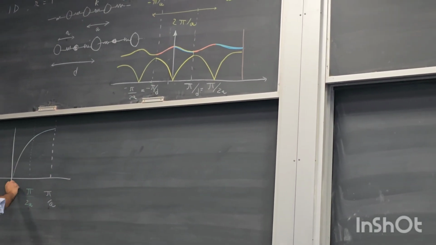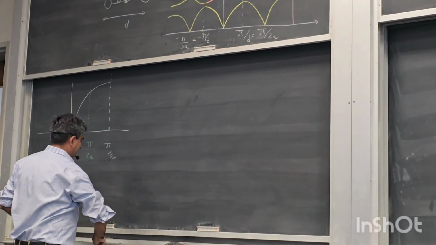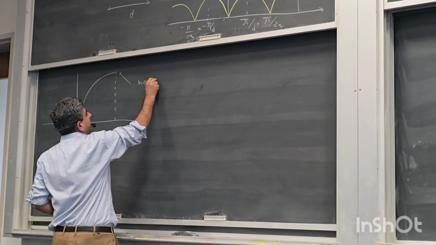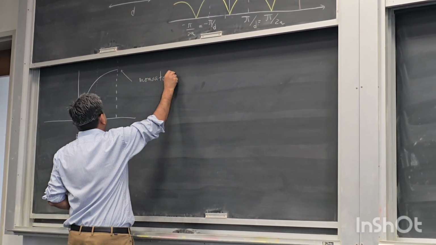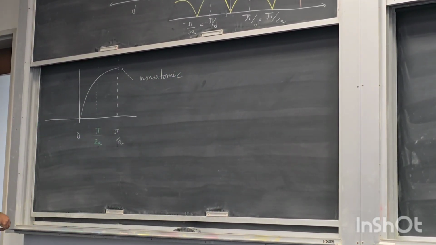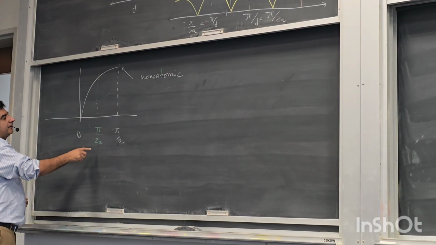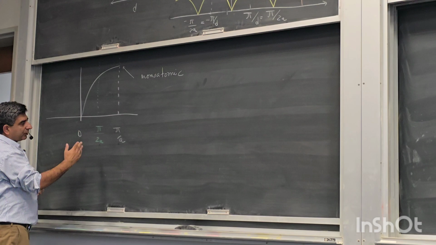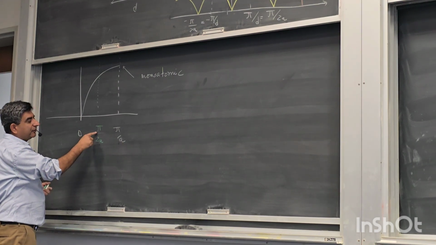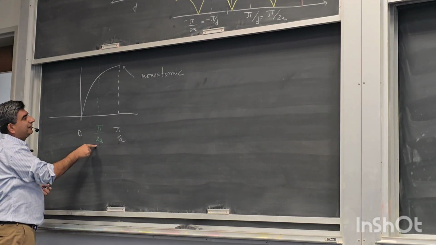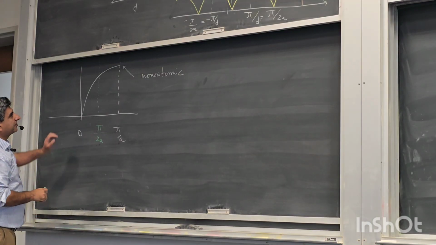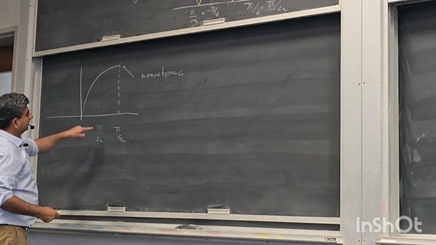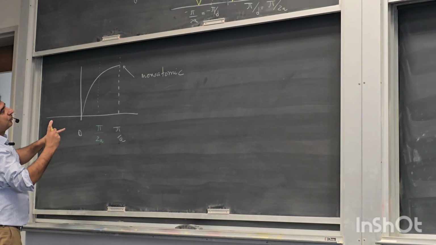So this white is my dispersion relationship for the monoatomic, 1D case. And for a diatomic case, I know that my Brillouin zone has shrunk. So the zone boundary now, instead of being pi over A, is pi over 2A. So if I look at the dispersion relationship for the diatomic case, which I now plot in yellow, what do I get?